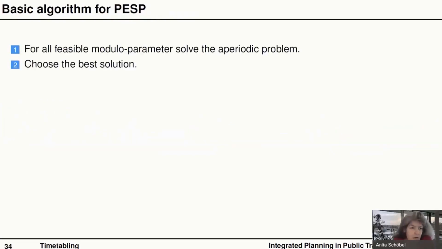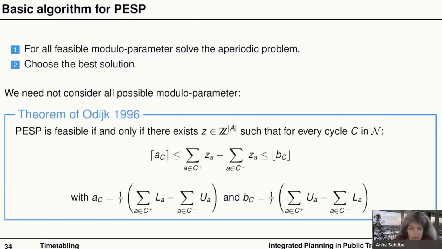So, this can now also help us to give a first basic algorithm for the periodic problem, because we could now, for all feasible modulo parameters, fix the modulo parameter set. If we fix these new and nasty modulo parameters, the result is an aperiodic problem which we can solve. So we could, for all feasible modulo parameters, solve the aperiodic problem and choose the best solution.